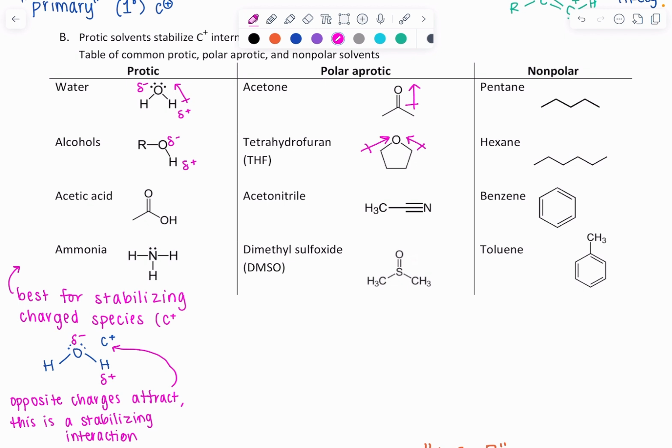Protic solvents have more polar bonds than polar aprotic. So in protic, the partial positive and partial negative are stronger. In polar aprotic, they're weaker. So you can probably remember like dissolves like. Polar aprotic solvents are good for stabilizing polar uncharged molecules.